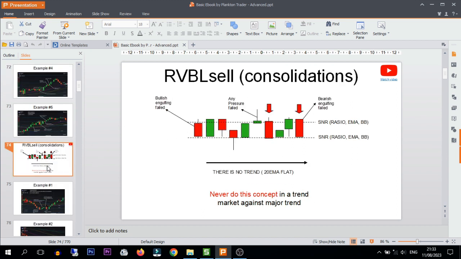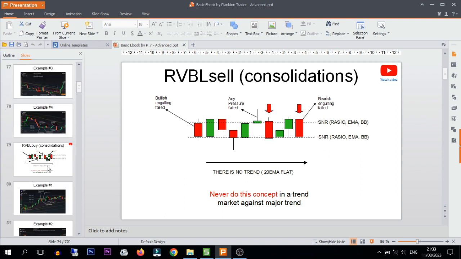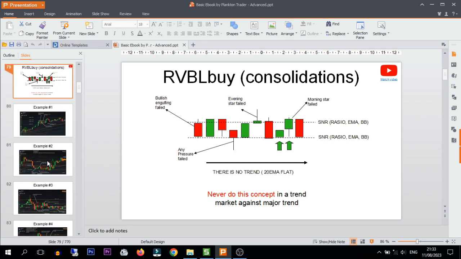This is on consolidation. On consolidation you get RVBL only, because there is no continuation on consolidation.